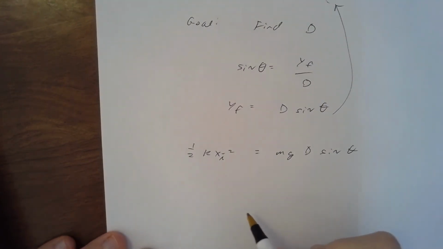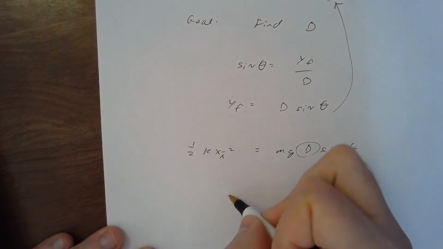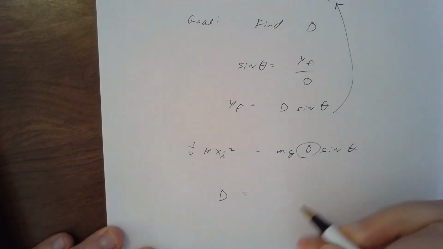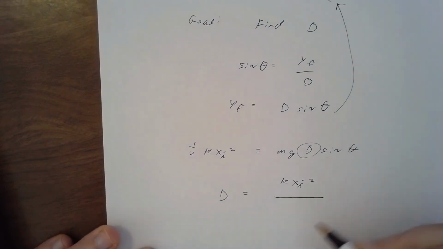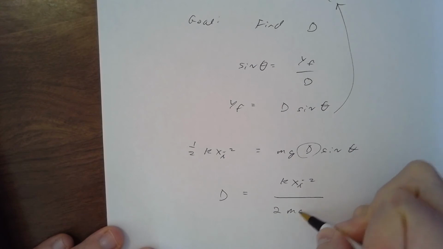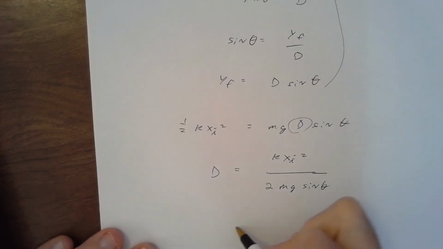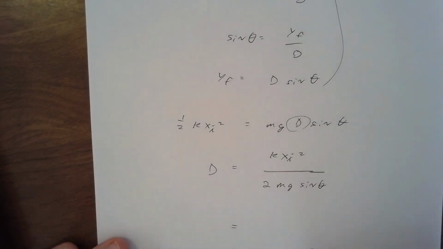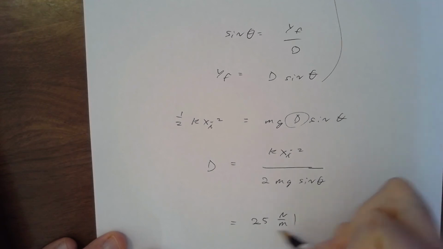And now I can solve for my goal, which was solving for d. That's going to be d equals k x initial squared divided by 2 m g sine theta. And now I can put in my numbers in units. The spring constant was 25 newtons per meter.